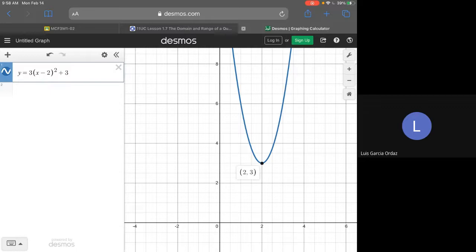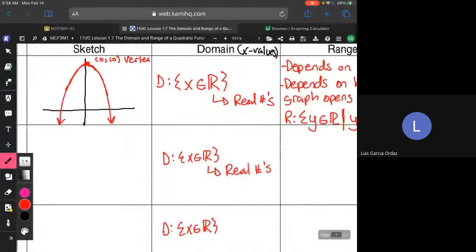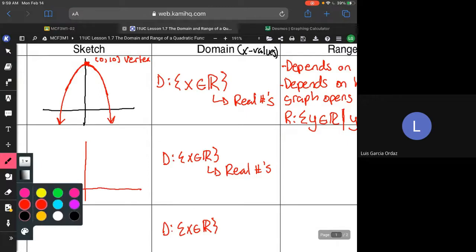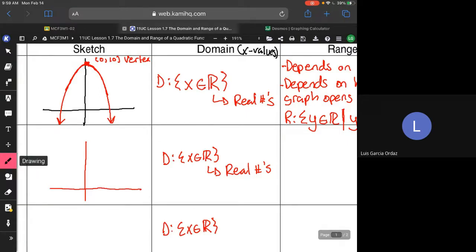What is this point? 2 and 3. So my vertex is (2, 3), and my graph is opening up. So when I sketch my graph, my vertex is going to be right over here, and my graph opens up.